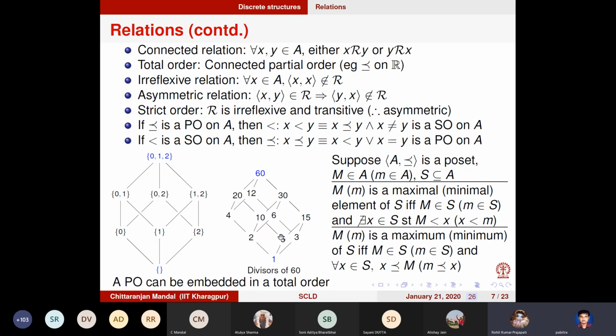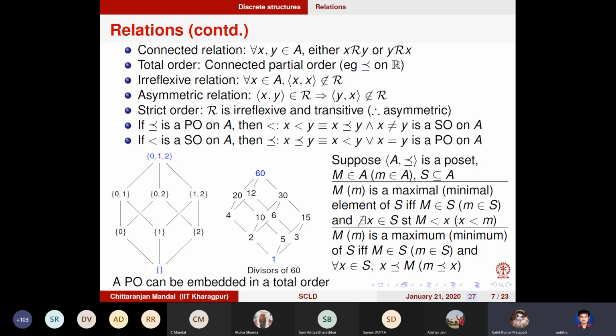The thing is that we are not drawing the transitive relations. Transitive relations exist, but you can follow a path to get a transitive relation, going from bottom to top. So what we mean to say is that every two elements should be comparable.